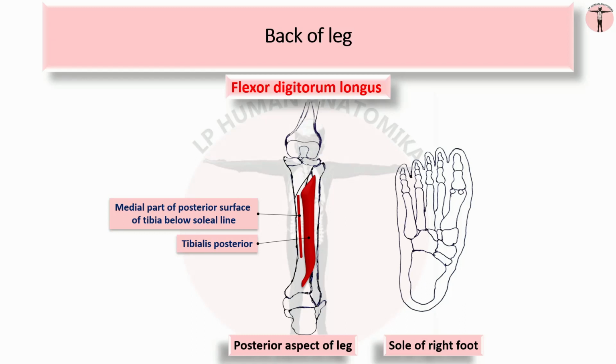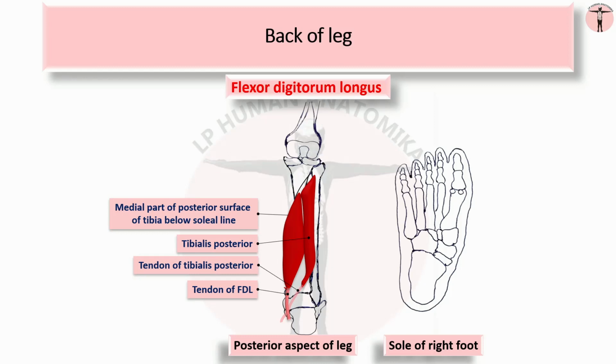The muscle fibers of flexor digitorum longus run downwards on medial side of the leg and in the lower part form the tendon. The tendon of tibialis posterior is superficially crossed by the tendon of flexor digitorum longus in the lower part. At the ankle, it passes deep to the flexor retinaculum and then enters the sole.